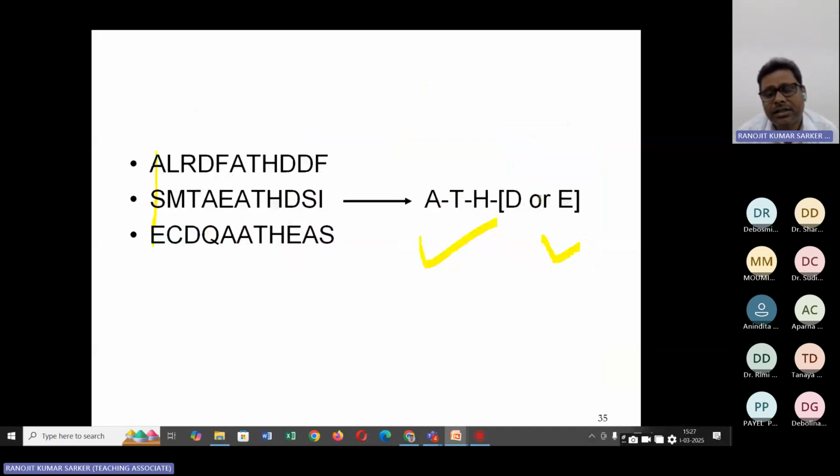Now, the objective of these slides is to explain how we read this profile, this consensus sequence.